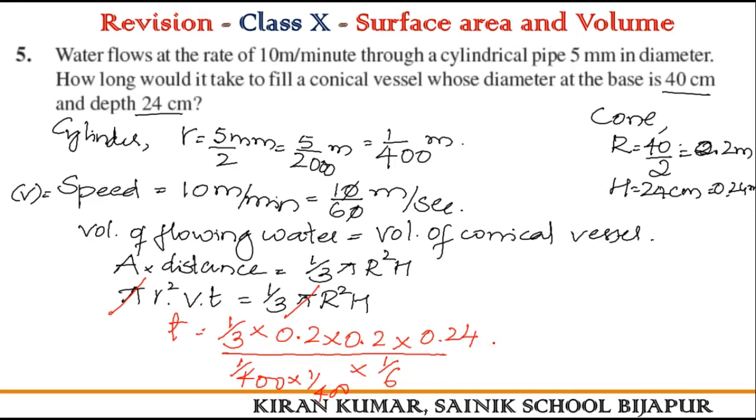We will be getting t as 512 divided by 10, which is 51 minutes and 12 seconds, because this will be 51.2.